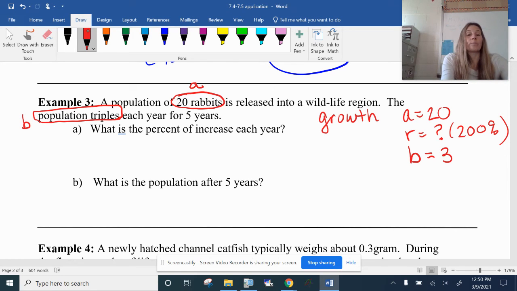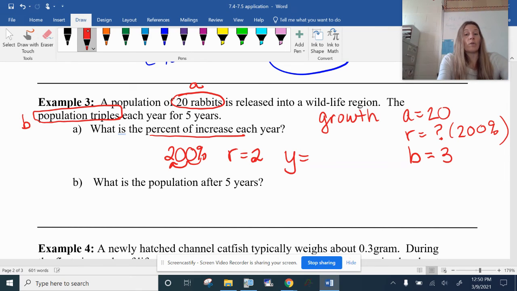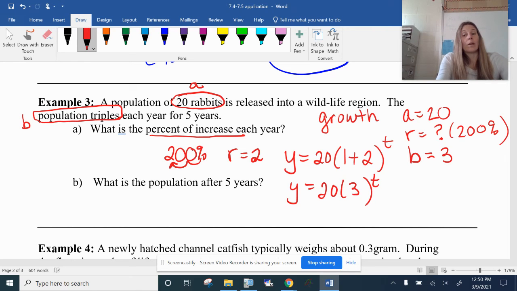So now it says, what is the percent of increase each year? The percent is actually 200%. And then your rate would actually be 2. So when you put it into the model, you have A times 1 plus 2 raised to T, which of course gives you that 3, which is kind of like the tripling.